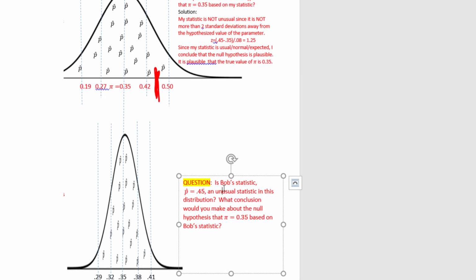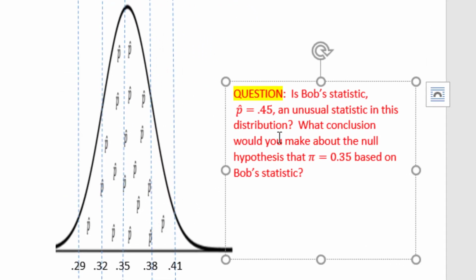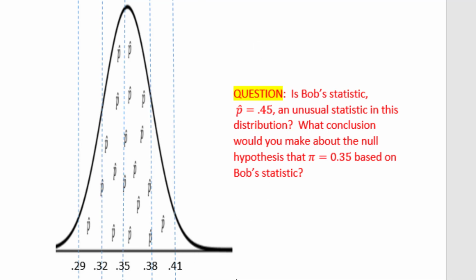Okay, finally it says, what about Bob's statistic of 0.45 on this new distribution? Is it usual or is it unusual? Now notice 0.45 is up here now. 0.45 is beyond 2 standard deviations. It is in the realm of unusual sample statistics.